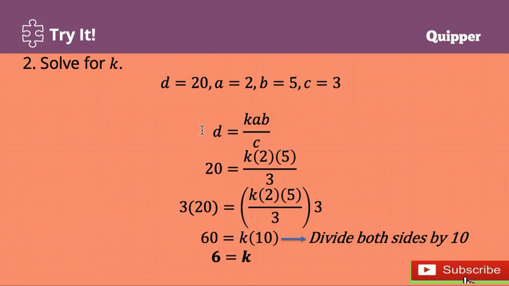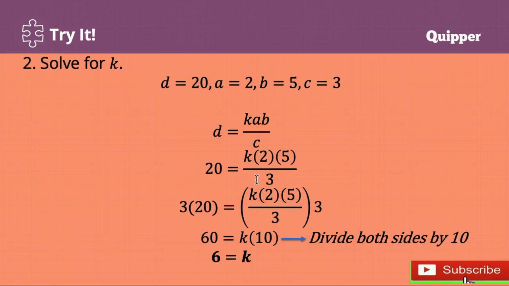From the original equation, D is equal to KAB over C. Now we have 20 is equal to K times 2 times 5 over 3. 2 times 5 is 10.